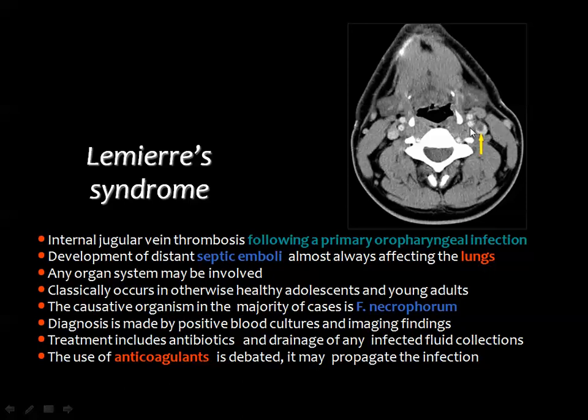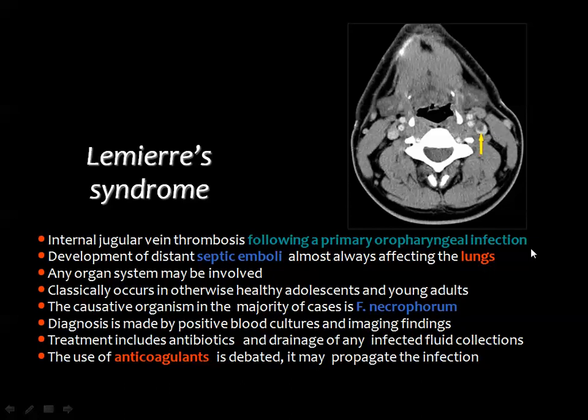These are the internal and external carotid arteries, and this is the internal jugular vein, which is the seat of a small hypodense intraluminal thrombus. This septic thrombosis of the internal jugular vein may follow any primary infection in the surrounding area, including the oral cavity and the pharynx.